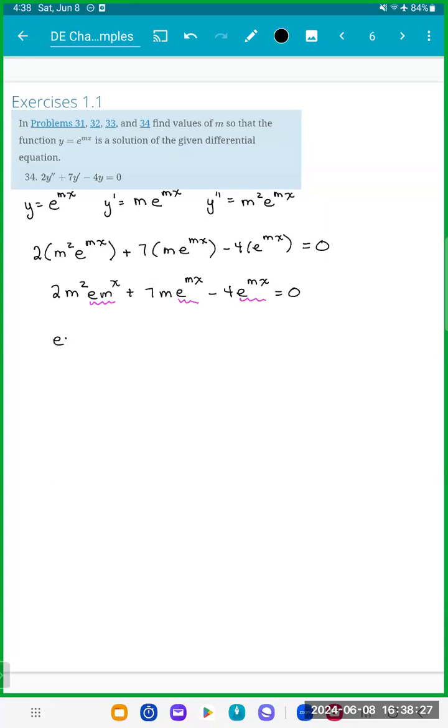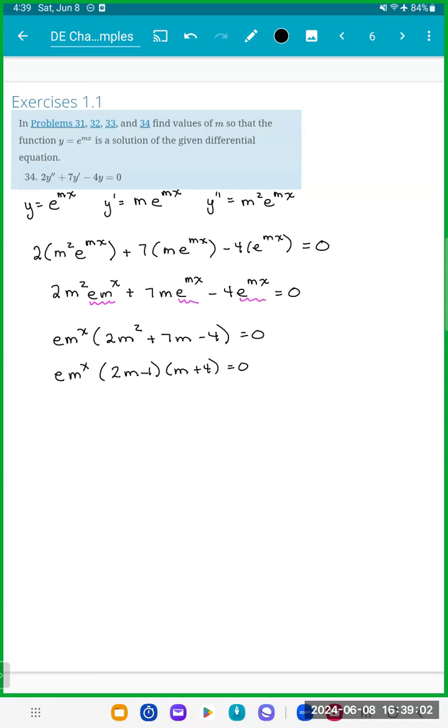We're left with 2m squared plus 7m minus 4, and that is equal to 0. We can take that a step further and factor, just the same as if I had 2x squared plus 7x minus 4. I could factor that to get (2m minus 1)(m plus 4), which still equals 0.